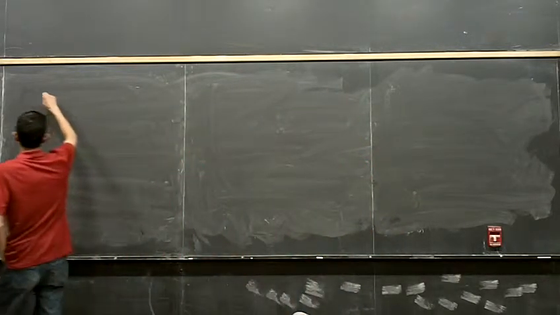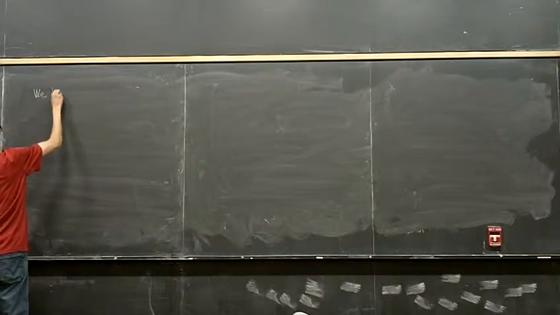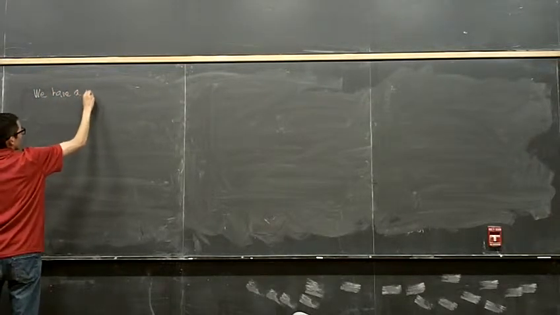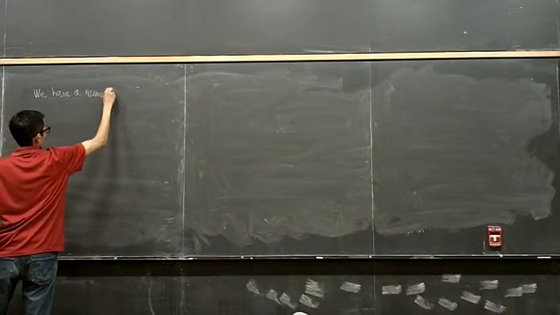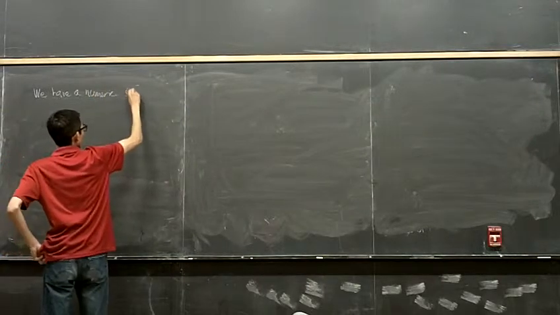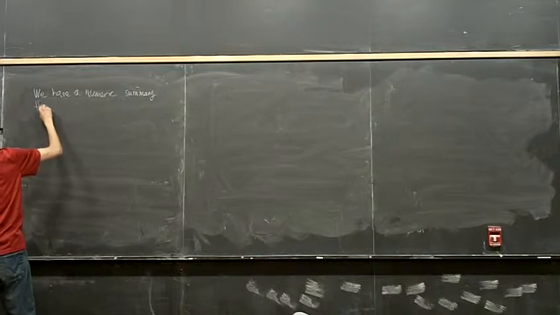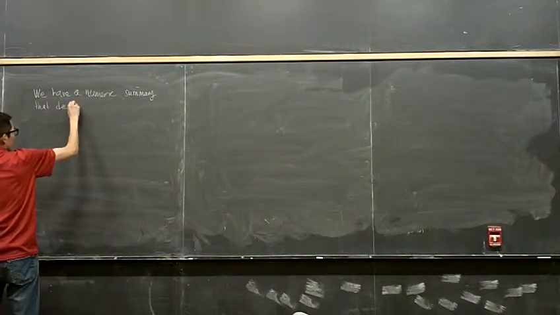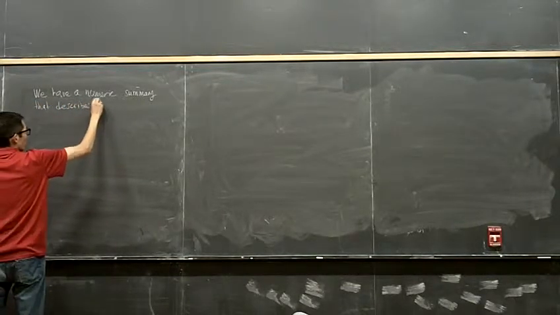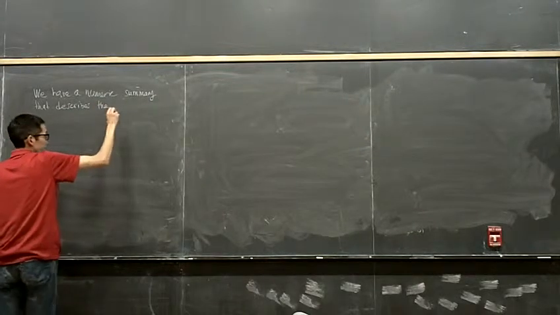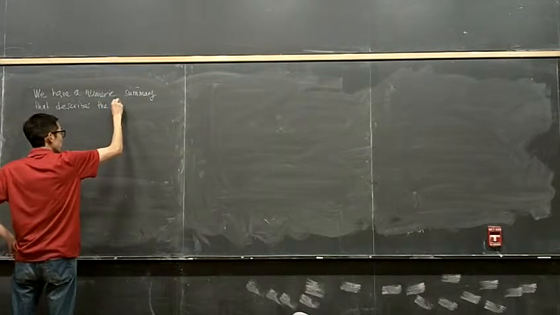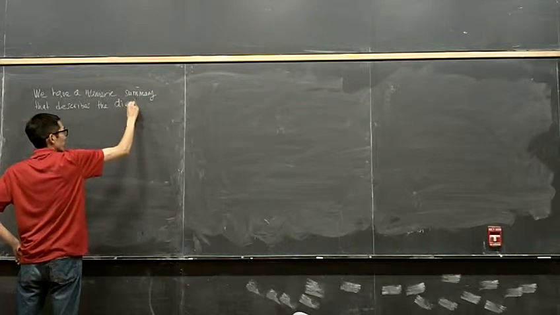So we have a numeric summary that describes the direction and strength of a relationship.